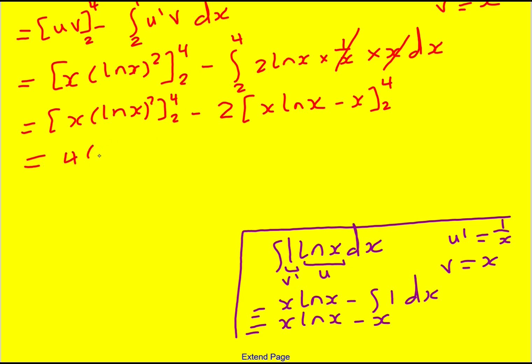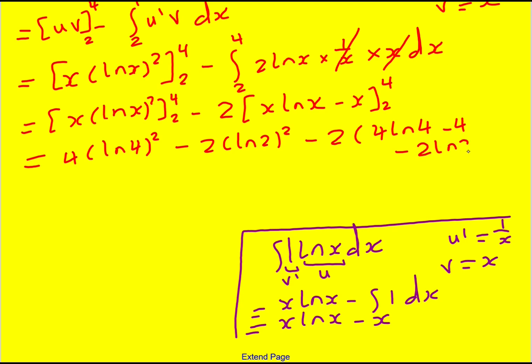So 4 times (ln 4) all squared minus 2 times (ln 2) all squared minus 2 times 4 ln 4 minus 4, minus 2 ln 2 minus 2, but that's going to become a plus 2 when I get rid of the brackets. I'm just going to do that straight away.